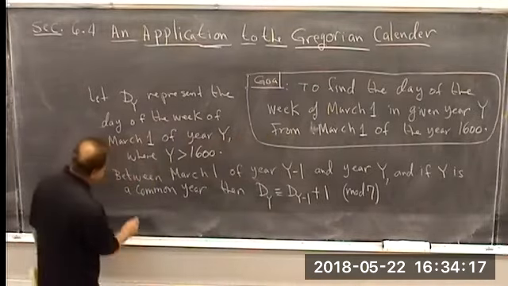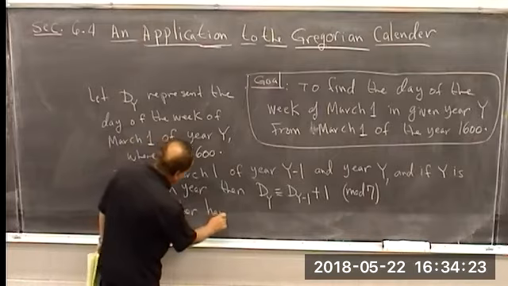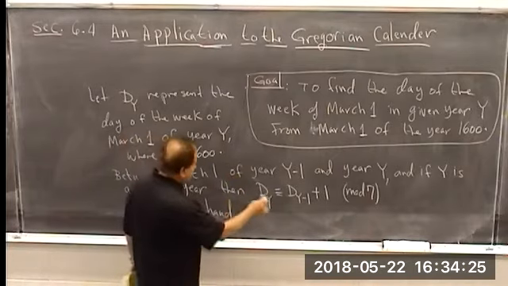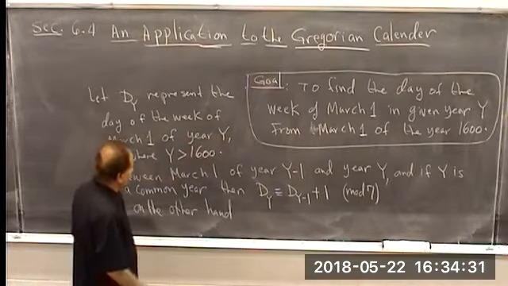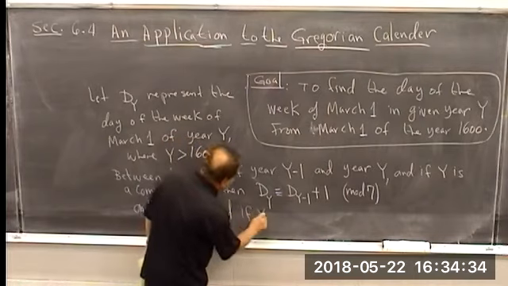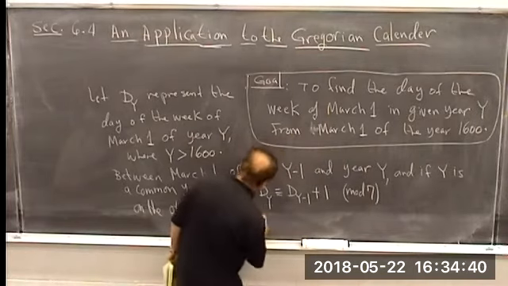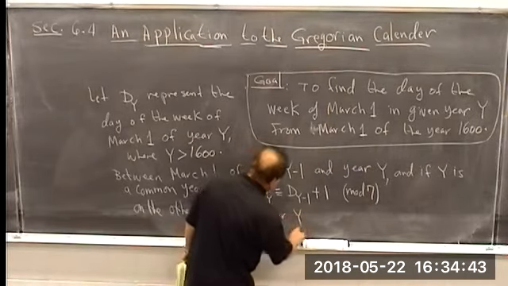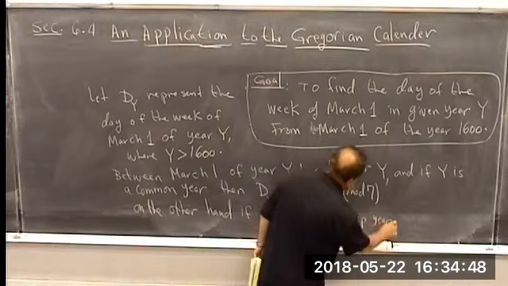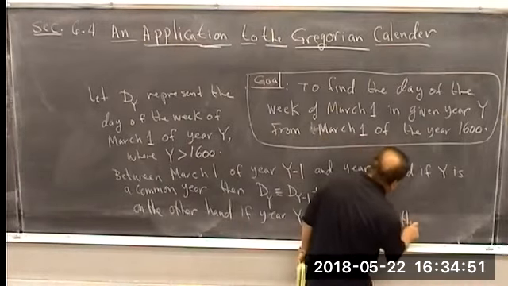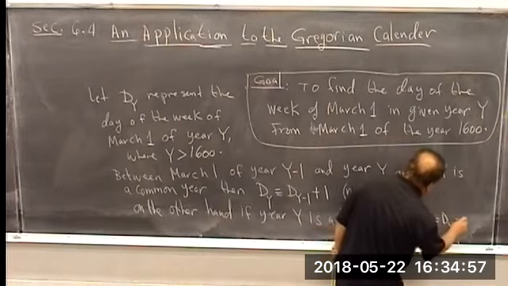Now, this is going from 1 year to the next year, okay? So this is not cumulative, from the year before that. So on the other hand, if the year Y is a leap year, then the formula is going to be D sub Y is equal to D sub Y minus 1 plus 2.